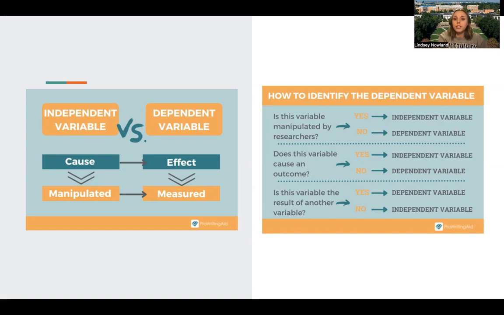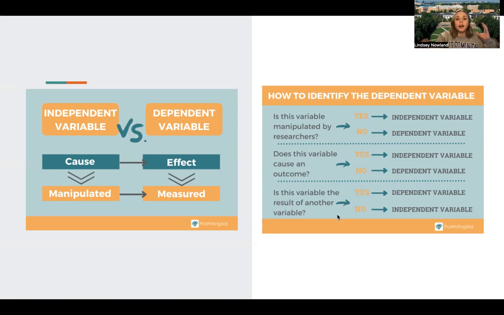If the researcher manipulated the amount of the variable, then it is the independent variable. Whereas if the variable causes an outcome, if it can affect something, if it can impact something, it can cause something, that is the independent variable.